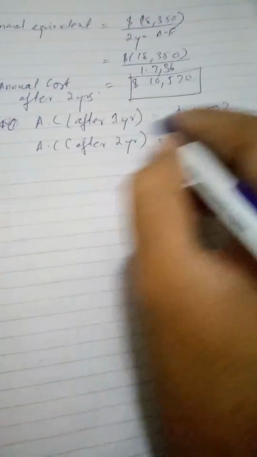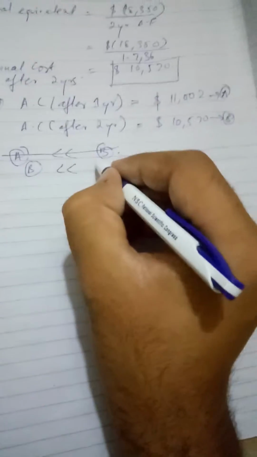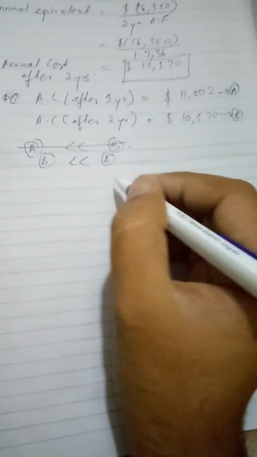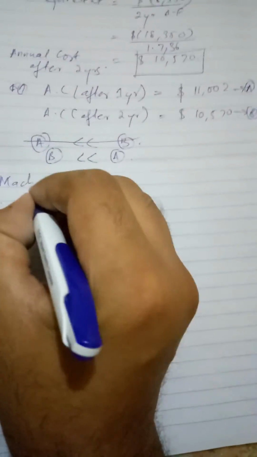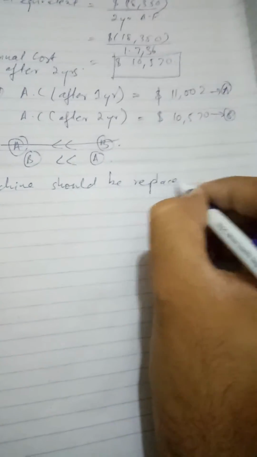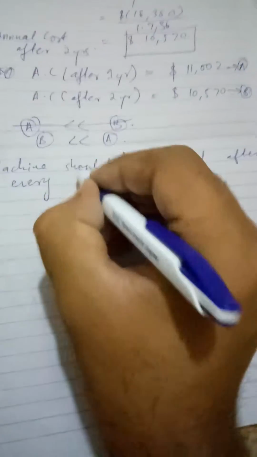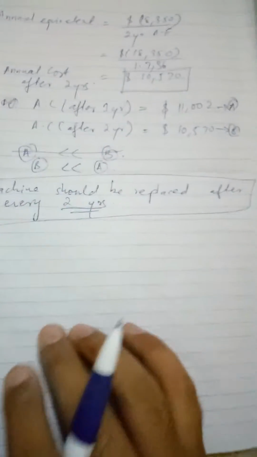So what would be the lesser? This one is lesser. Let's call them A and B. A is greater than B, or rather, sorry, my pardon, B is less than A, so the machine should be replaced after every 2 years. So this is how you approach this particular problem.